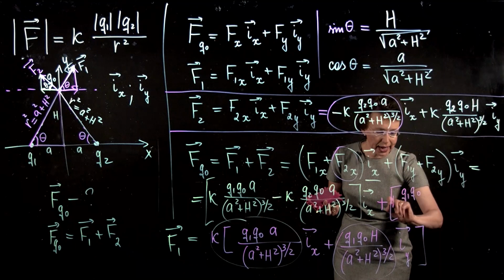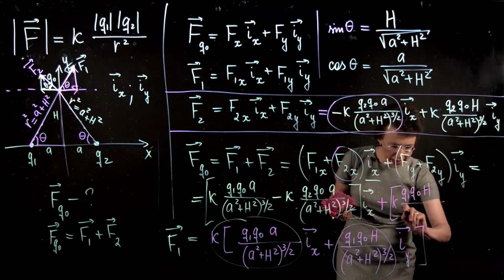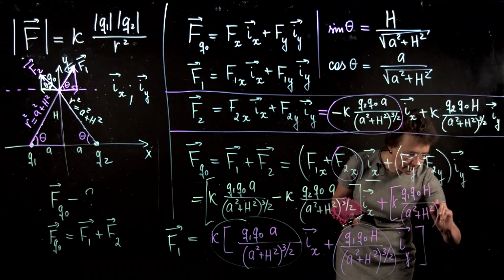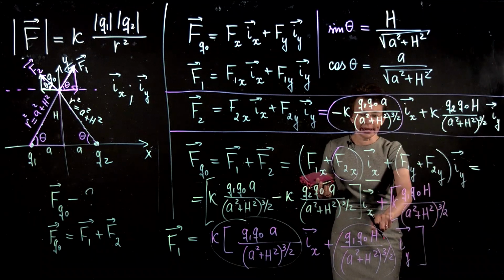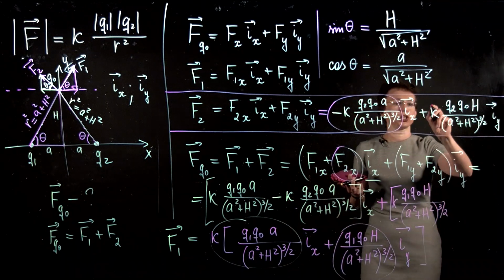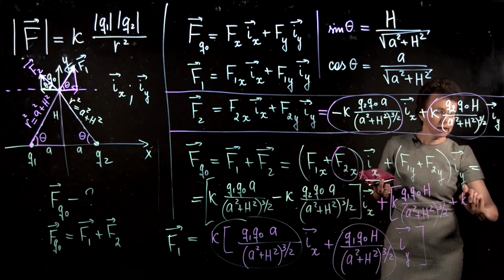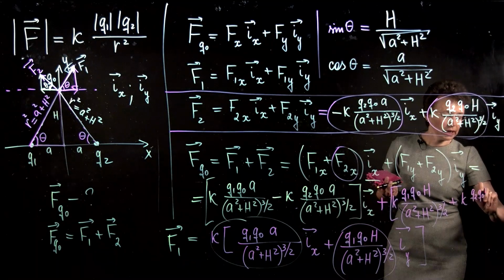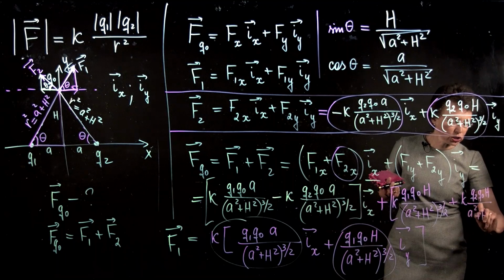So it is k, q1, q naught, h divided by a squared plus h squared to 3/2, and then I add F2y, which is right here. It is plus k q2 q naught h divided by a squared plus h squared to 3/2.